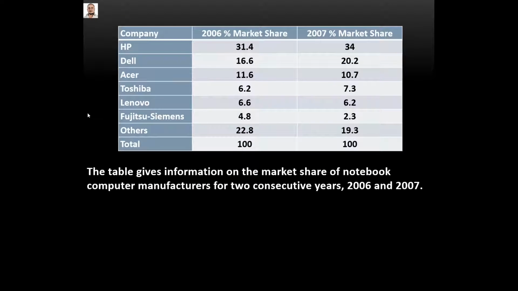The table gives information on market share of notebook computer manufacturers for 2 consecutive years, 2006 and 2007. What we do in the introduction is that we paraphrase the statement. Sometimes we just need to change 2 or 3 words.